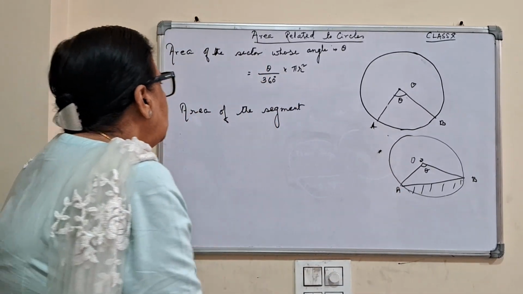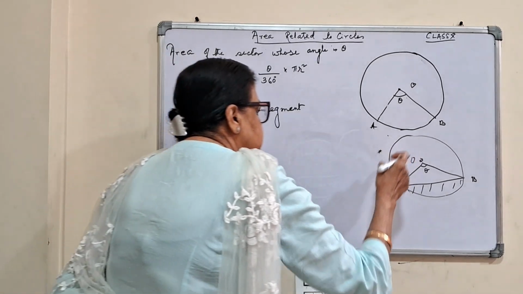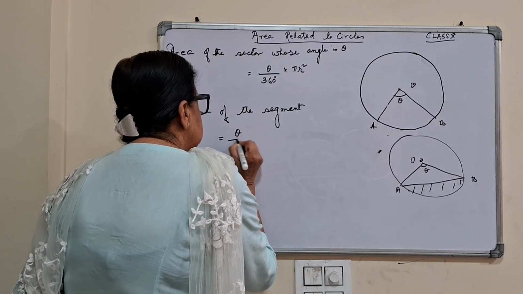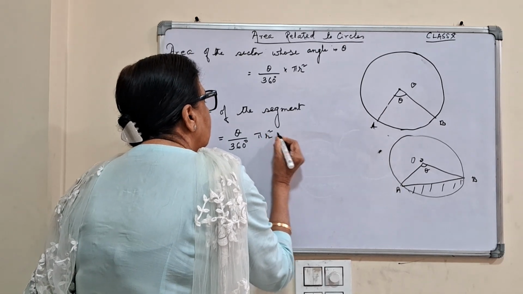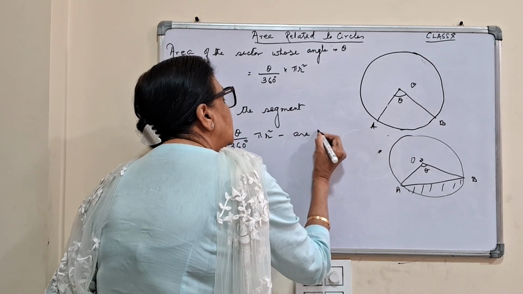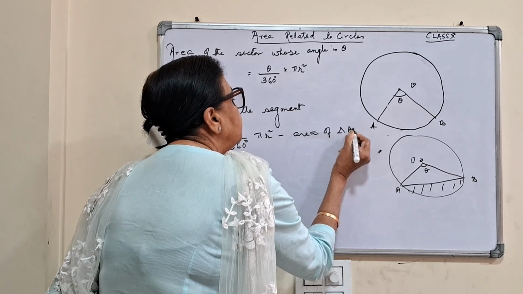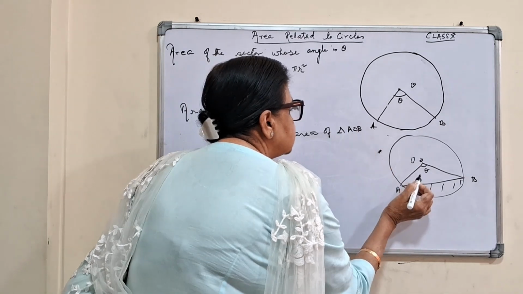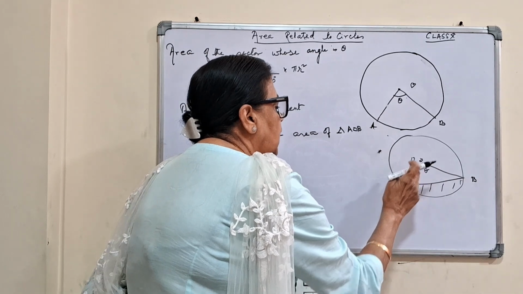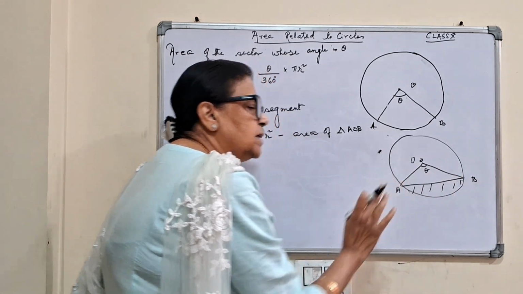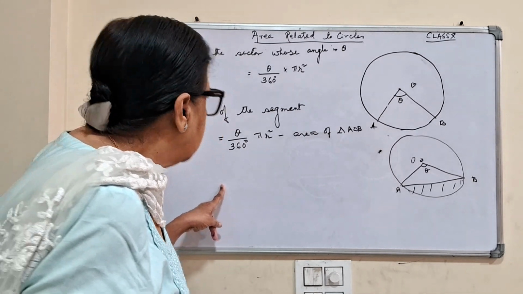So the area of a segment will be the area of this sector, that is theta by 360 pi r square, minus the area of triangle AOB. I want just this portion, so I take the area of the sector, the whole thing, minus the area of AOB. So this is the formula for the area of this.